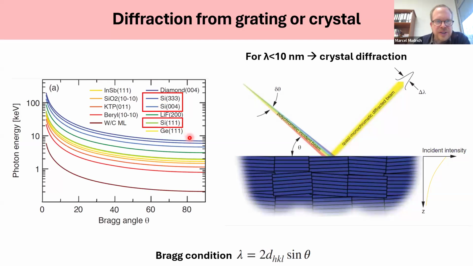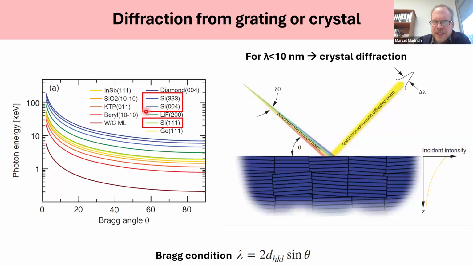That needs to be placed at Bragg angles, let's say for 10 keV, typically for silicon 111, first order diffraction, the silicon crystal would have to be placed around 12 degrees or so.